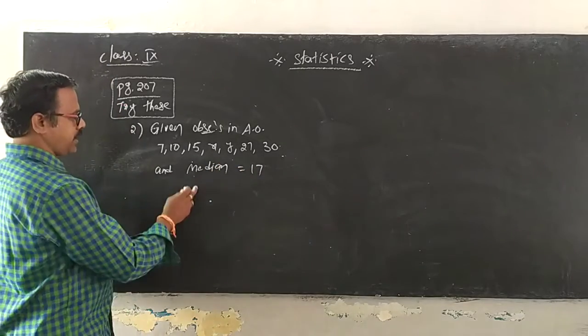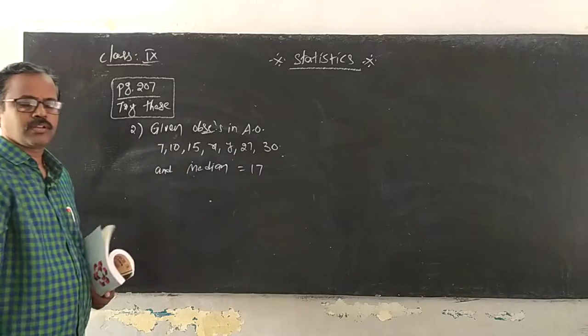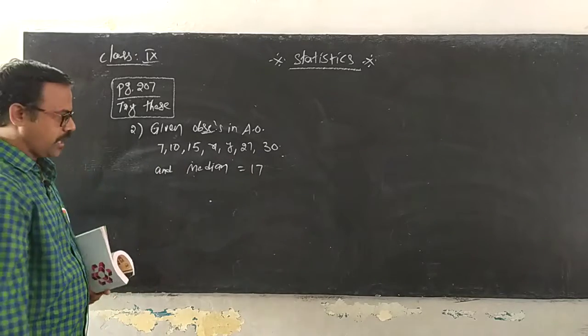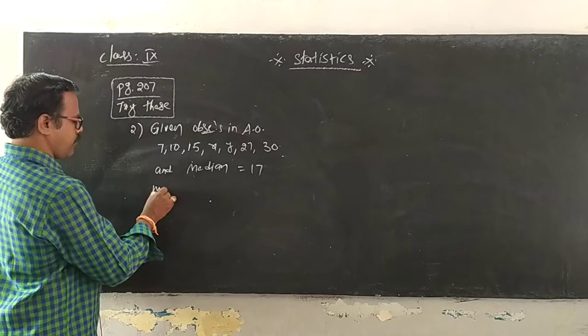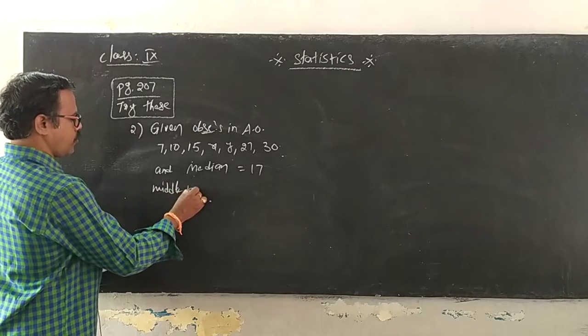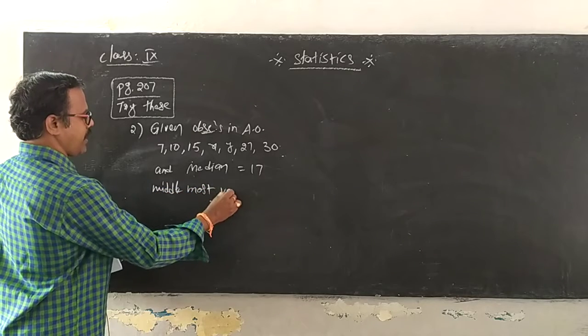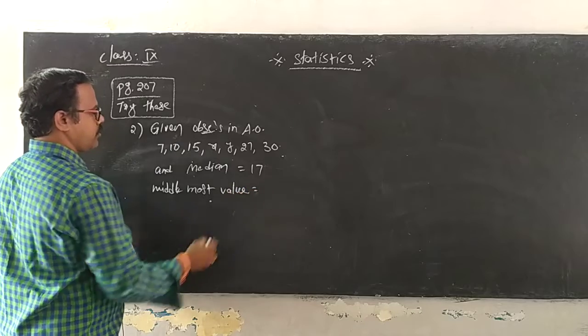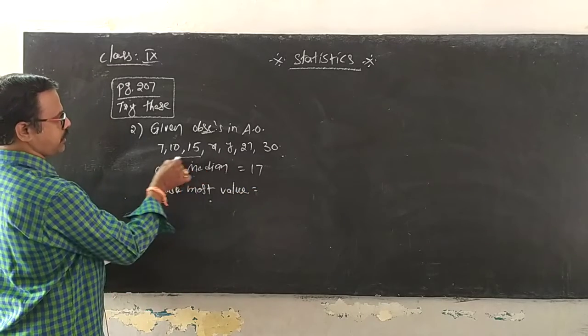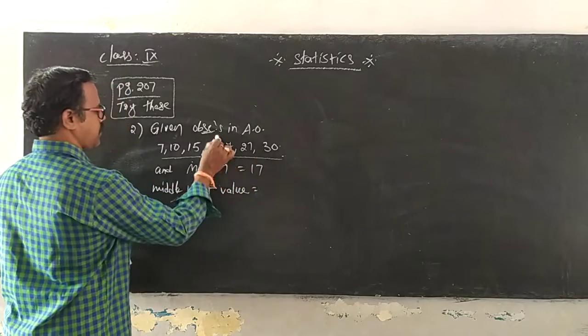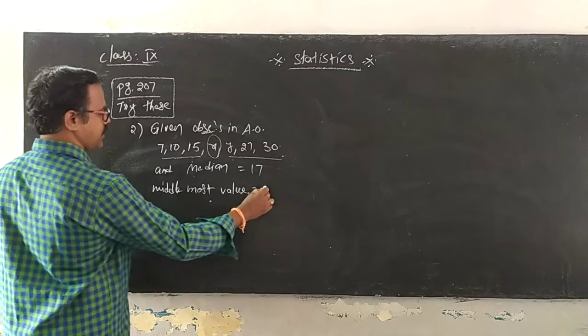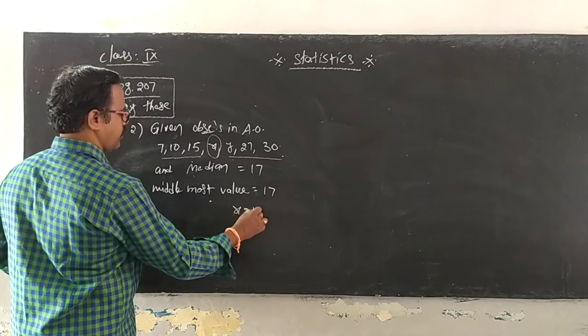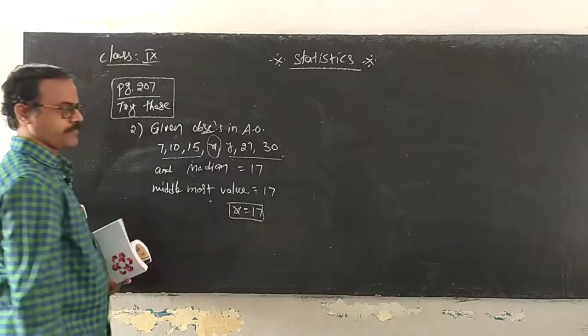So we know the median of these observations. Can you tell me what is the median? Yeah, you can directly write the middle most value. What is the middle most value here? I take 3 observations and 3 observations. The middle most value here is x. So x is equal to 17.